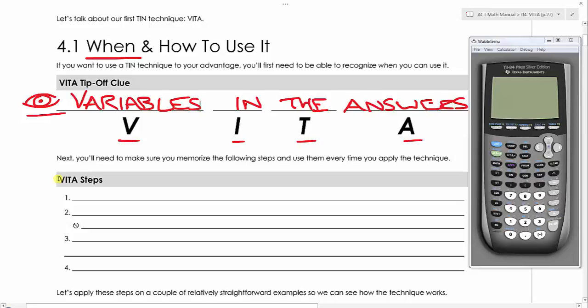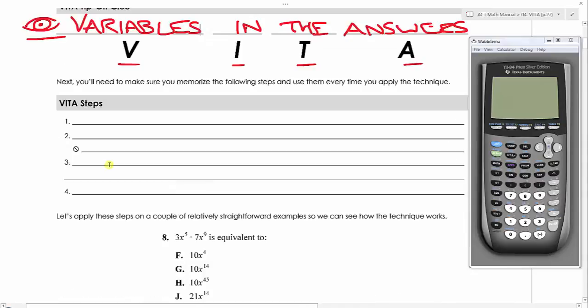I will say the technique will very, very frequently work and be the easiest solution on a lot of questions with variables in the answers, but it will not always work, and it may not always be the easiest way to go on certain questions, but it will save you in a lot of cases where you can't see the quote-unquote correct or school method of solving the question.